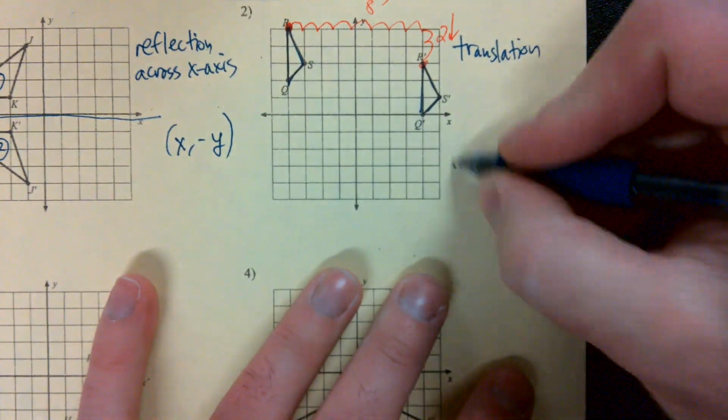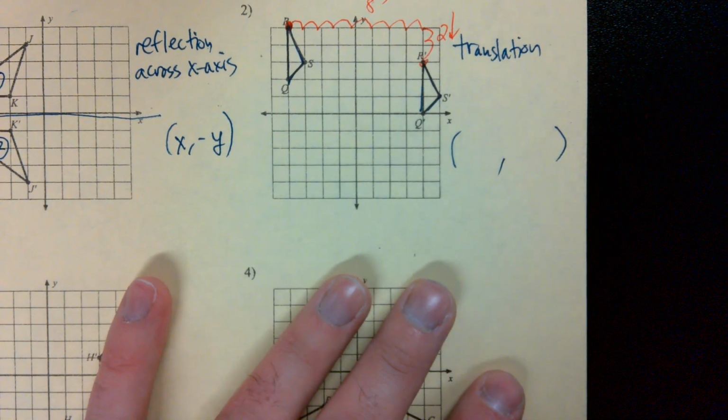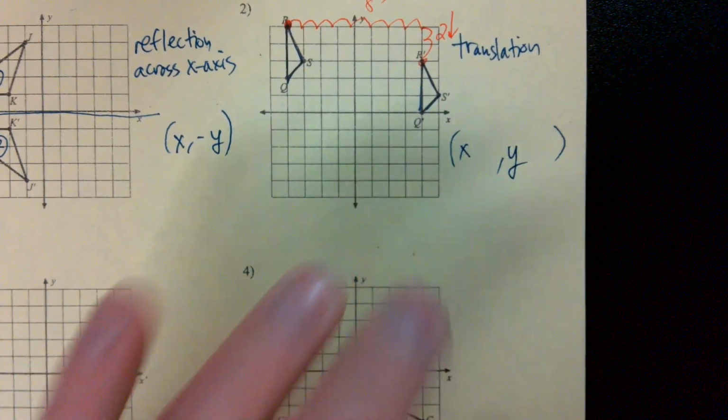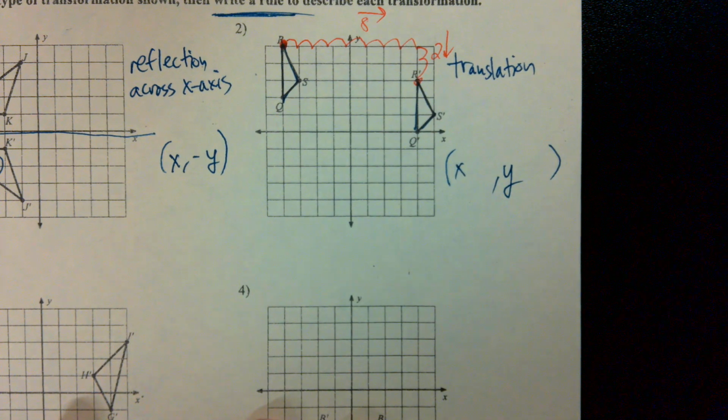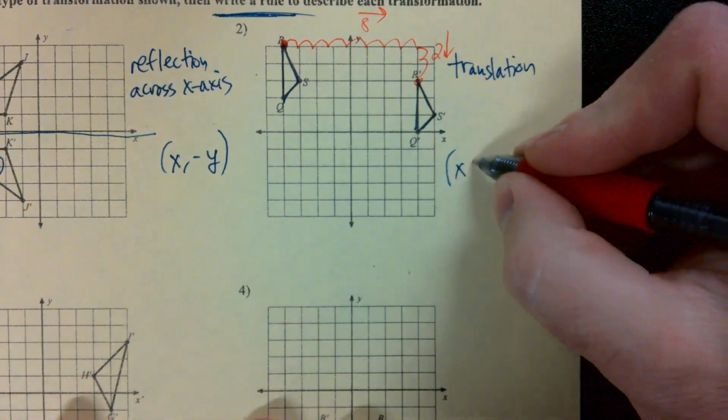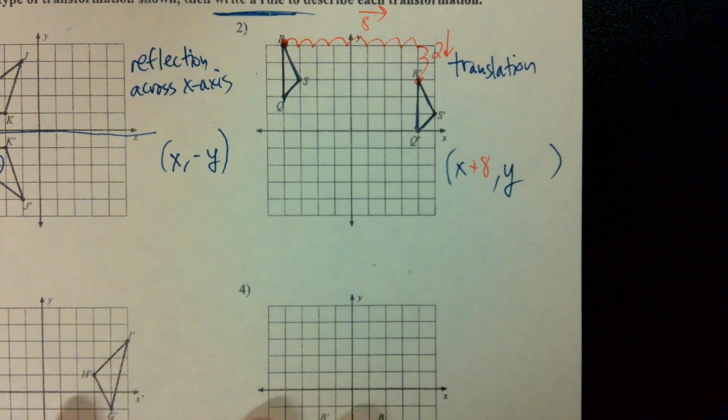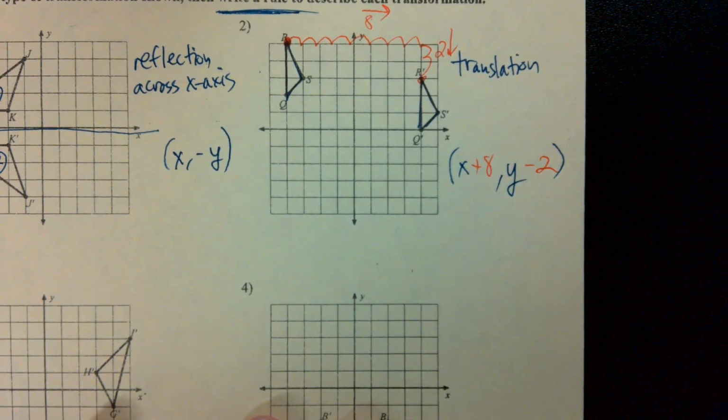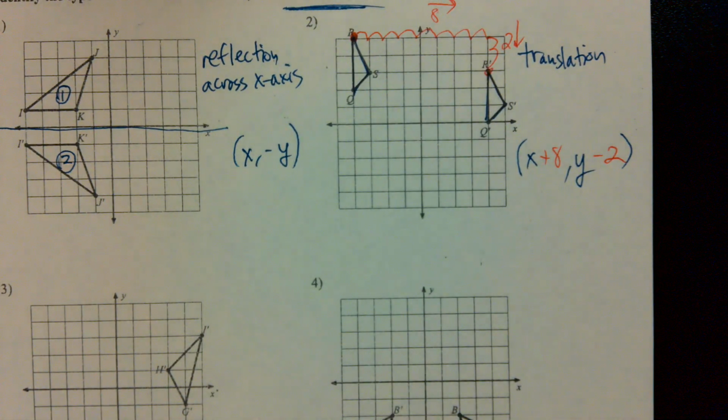The rule that we're writing for all of these is just how we are changing the coordinates of our pre-image when compared to our image. So if we went right 8, is that going to be plus 8 or minus 8? Plus 8. If we went down 2, is that plus 2 or minus 2? Minus 2. There's our rule for the translation.